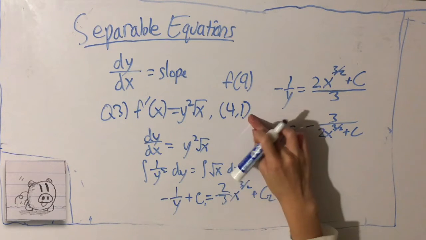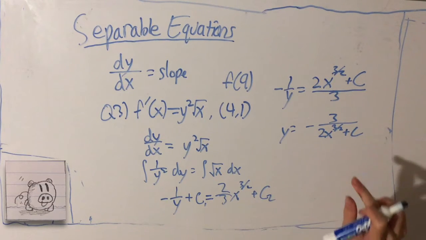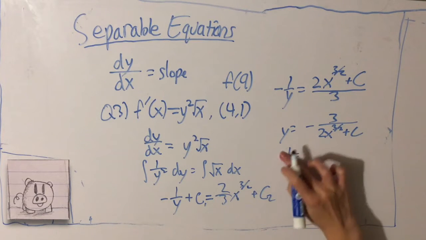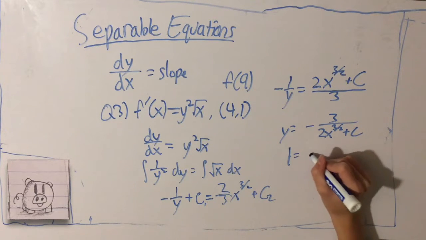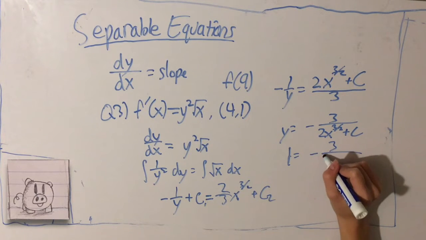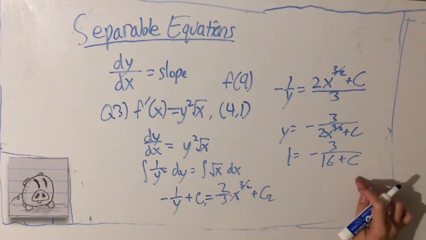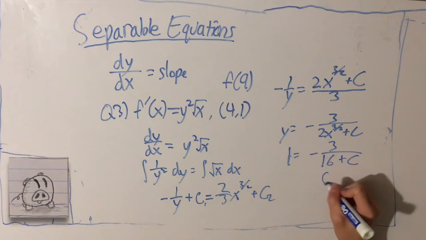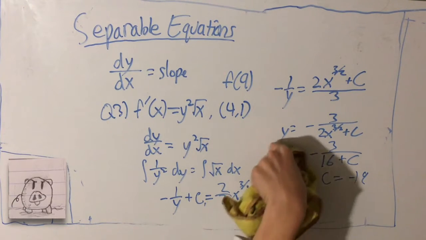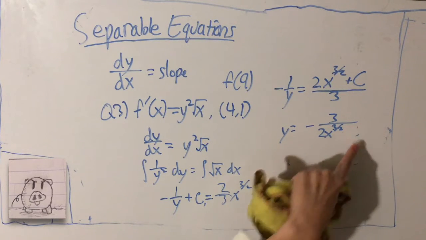Because we have a point, we can actually plug these numbers in and solve for c. So 1 is equal to negative 3 over 2 times 8, or 16, plus c. To make the denominator negative 3, we just have to let c equal negative 19. We can bring negative 19 back into our original equation over here.